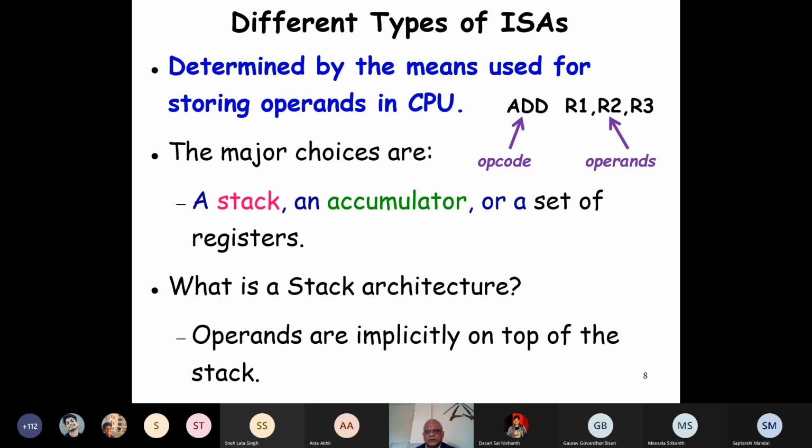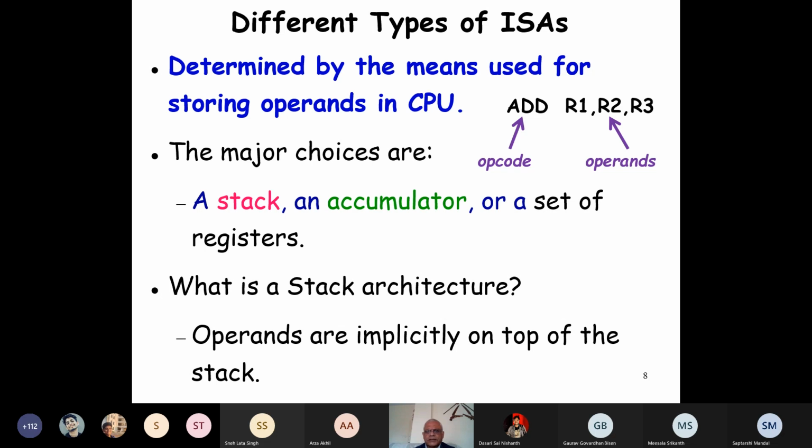The opcode is add, and then there are operands. One is the destination, R1 is the destination, and R2, R3 are the operands. R2 and R3 are added, and the result is produced in R1.